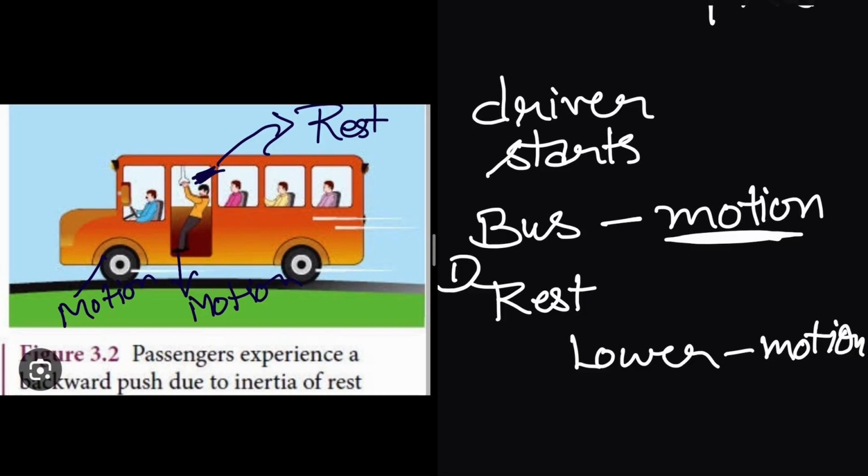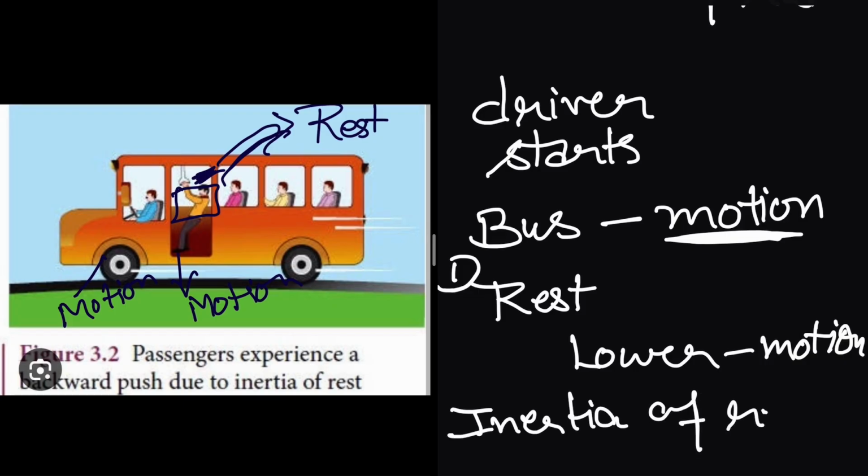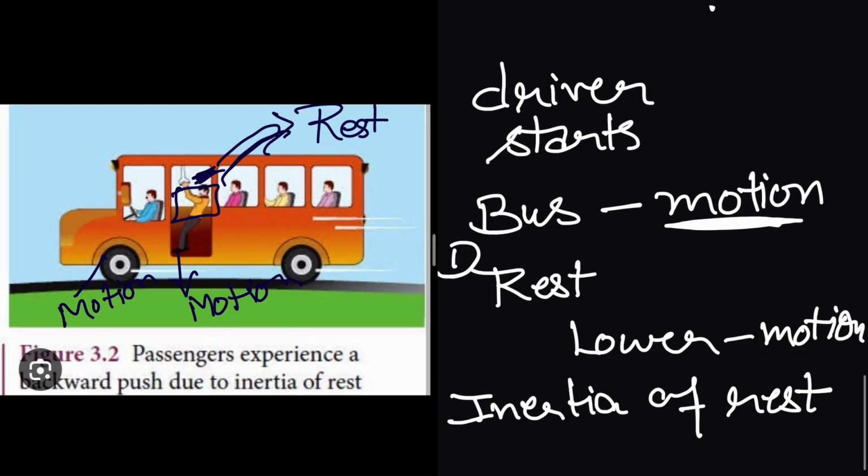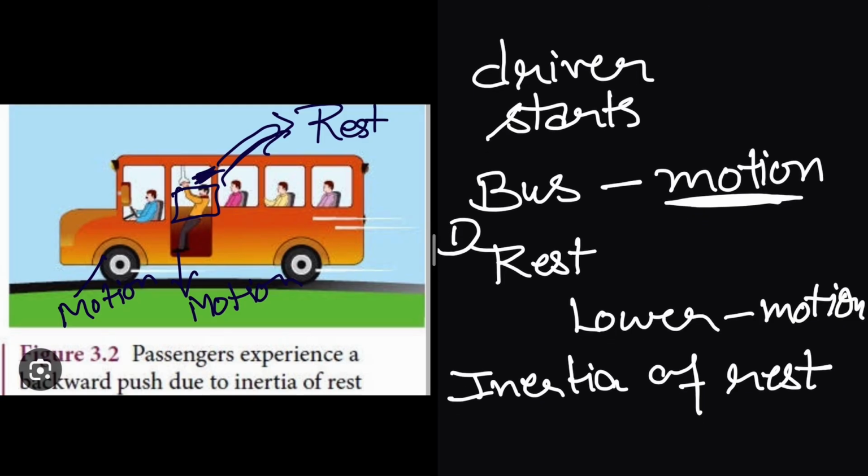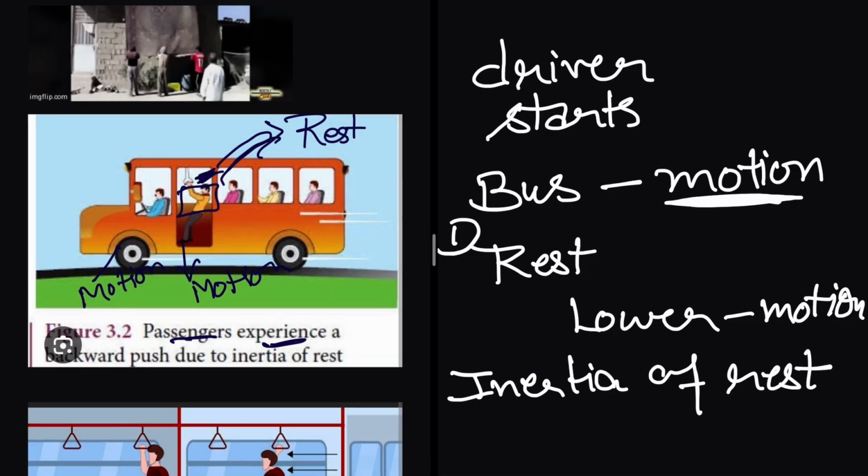But the upper part wants to remain at rest. Why so? Due to the inertia of rest. So because of inertia of rest, the passengers experience a backward push. Clear? Let's move to the next type.